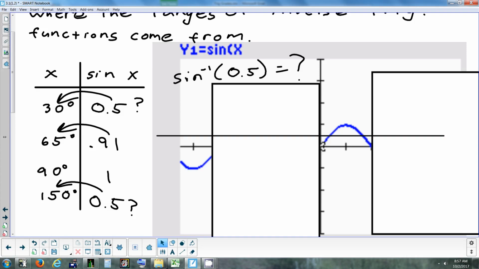Each mark you see on the x-axis is 90 degrees. Now, if I do it like that, Connor, how many times is the horizontal line hitting that curve now? Just looking at that picture.